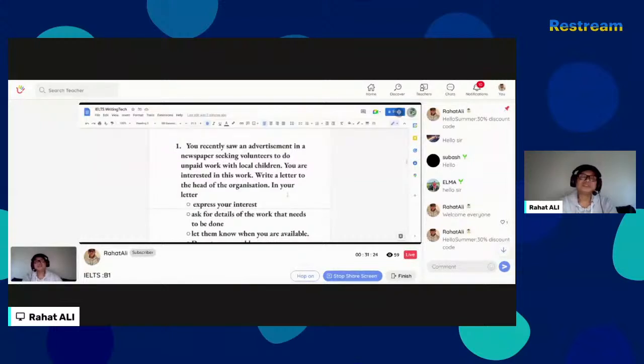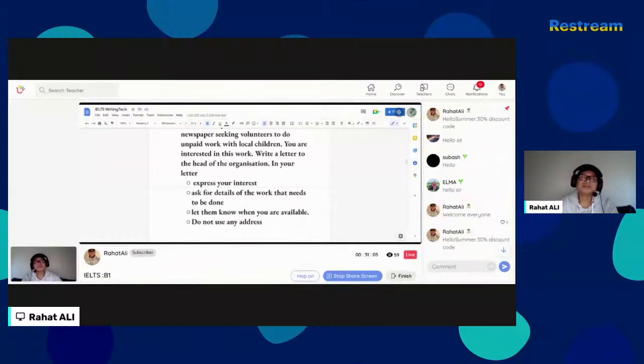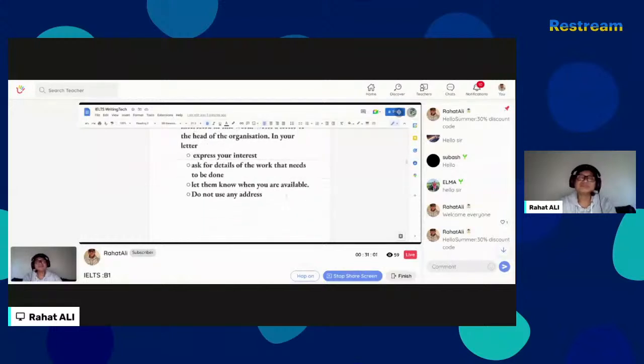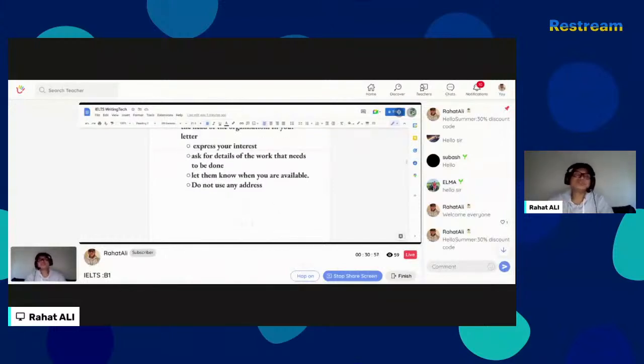You are interested in this work. Write a letter to the head of the organization. In your letter, express your interest, ask for details of the work that needs to be done, let them know when you're available, and do not use any address. Okay, it clearly says do not use any address.